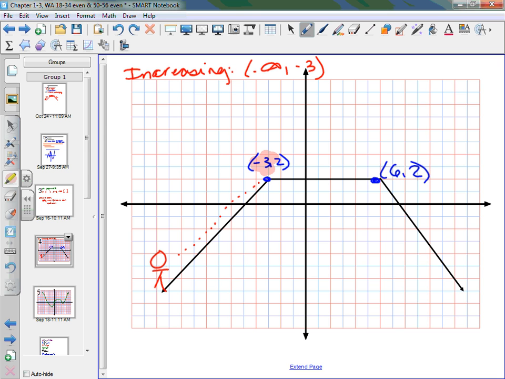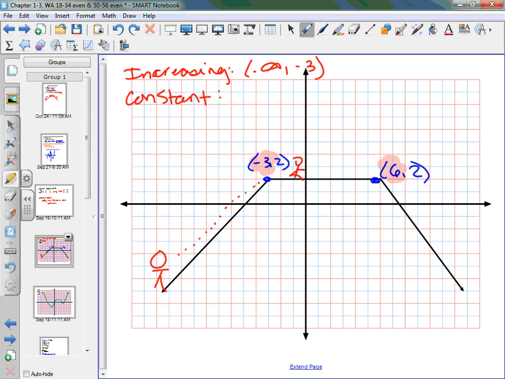Okay, so I stop increasing at the x value, negative 3. Do I care about the y value? No. What happens at negative 3 once I get to the top of the hill? It's level, it's constant. So when does it stop being constant?